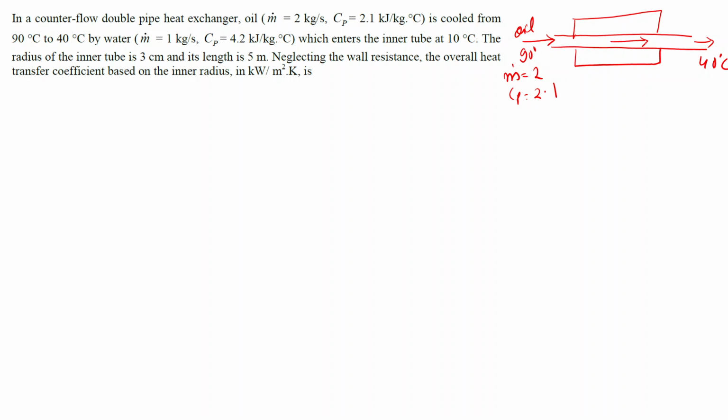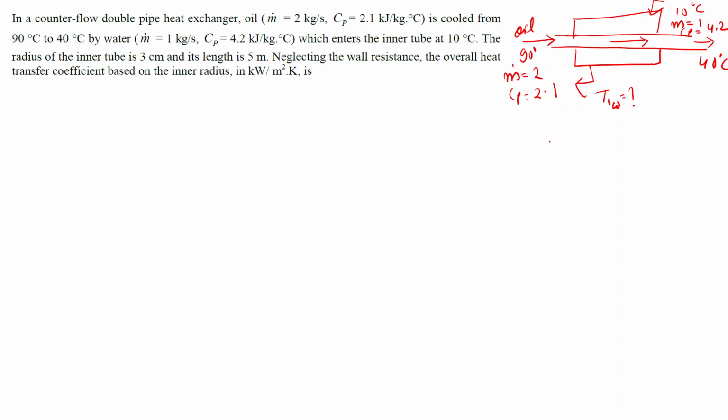This will be the flow direction, and the water will enter in the opposite direction in the outer tube, and the inlet temperature we have been given as 10 degrees Celsius. The outlet temperature of the water we haven't been given, and we have been given mass flow rate as 1, Cp as 4.2.